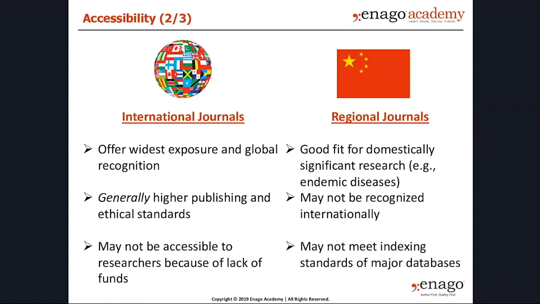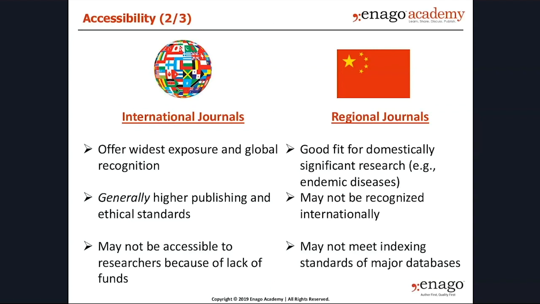On the other hand, some international journals may only accept papers that have a completely global international relevance. So an article with relevance to just one region may not be acceptable for some international journals. So just because it has that word international in the title doesn't necessarily mean that they'll accept papers from anywhere about anything.